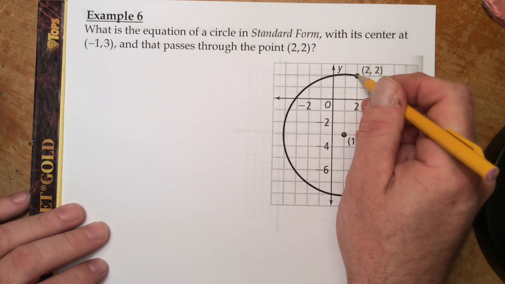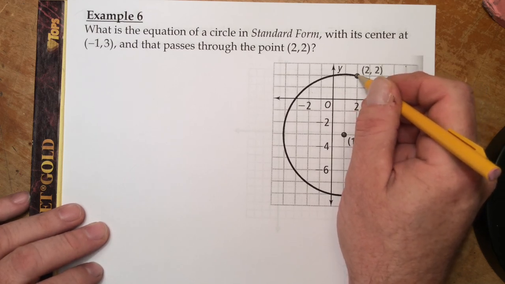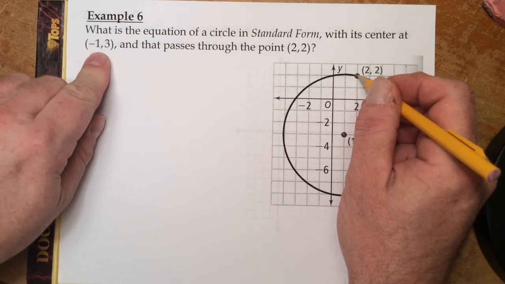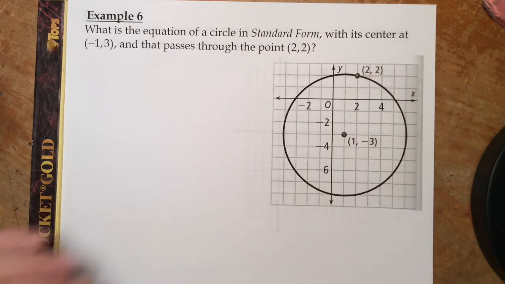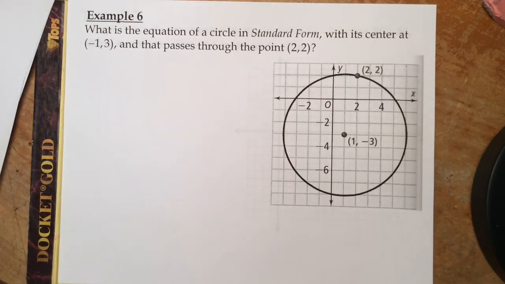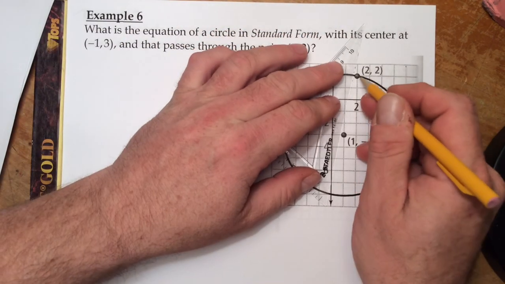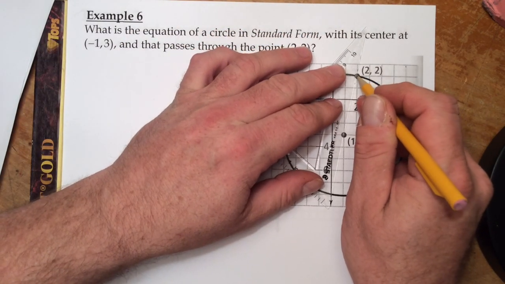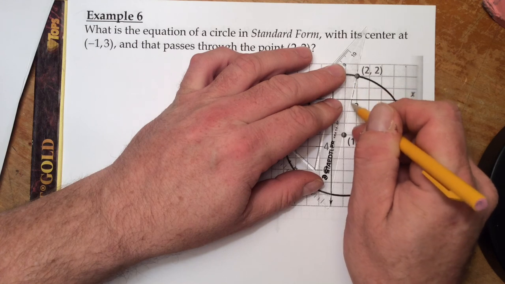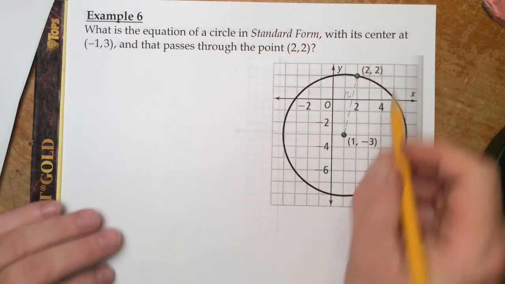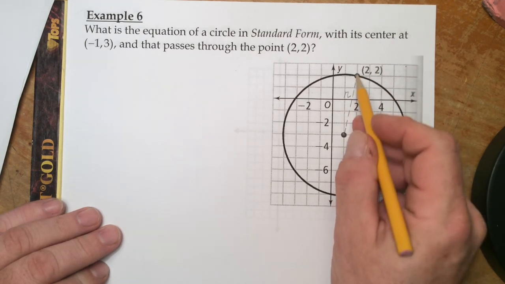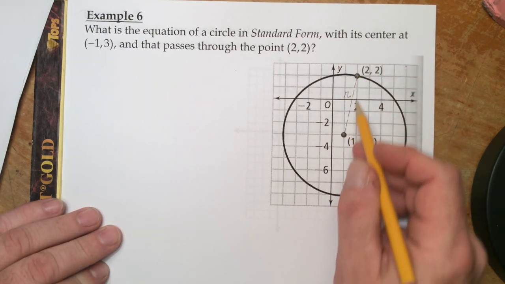And so our task first is to use the standard form, we're going to need not only h and k, which we have, but we're also going to need the radius, which we don't have. So we're going to have to find the radius. And to do that, the radius is this length right here, which is the same as distance.